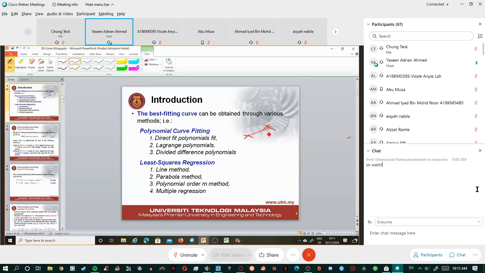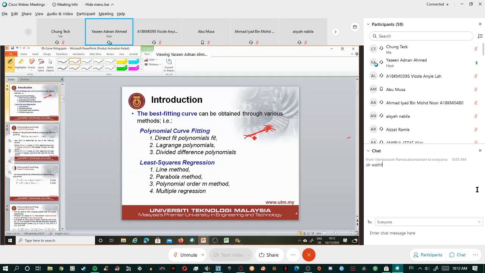Curve fitting, in this case a polynomial curve fit, means the equation will satisfy the points. After getting the equation, if you put in the value of x, you will get y, and also for the other data points. So your equation will satisfy the points 100%.